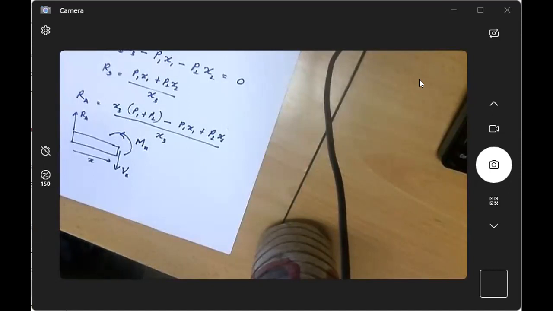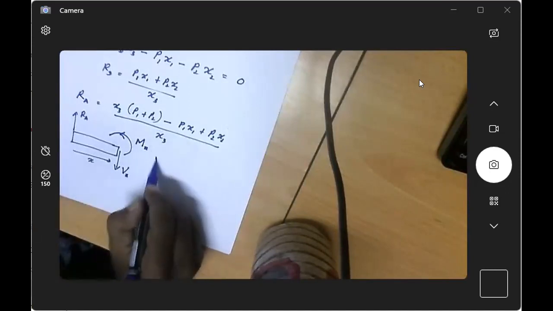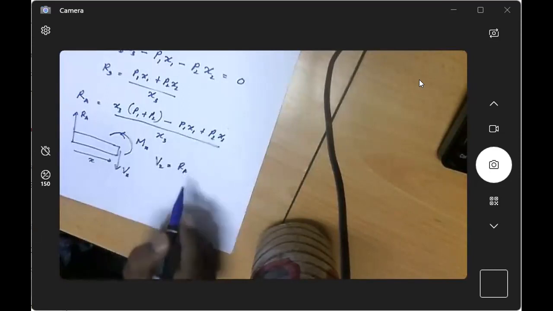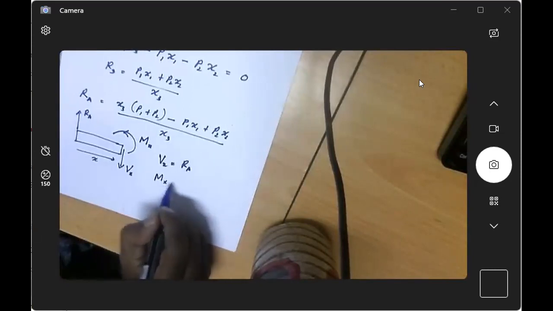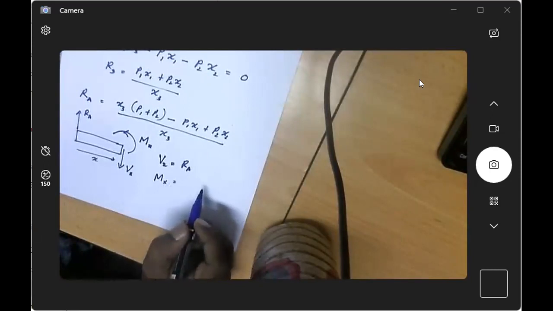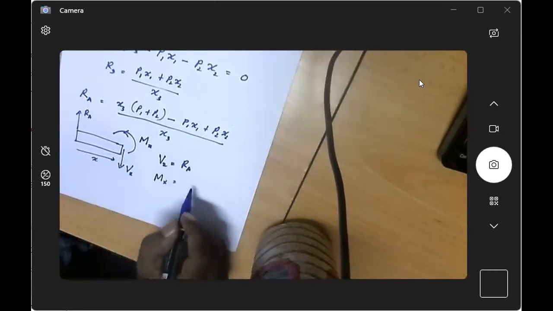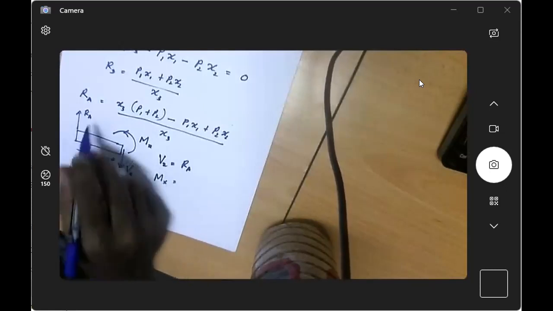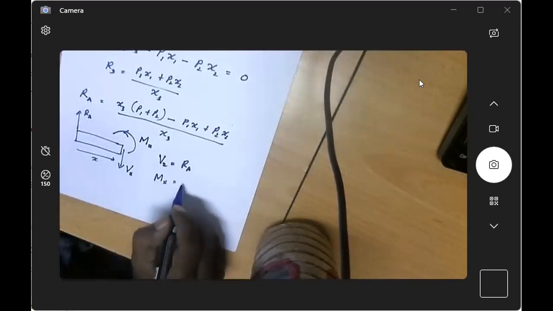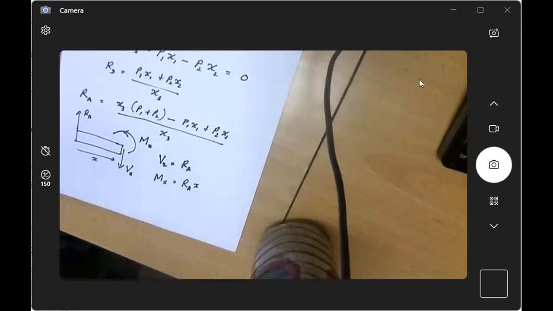When you apply the force balance, you will see that Vx is equal to RA, and Mx is how much? You can take moment around this point. Vx multiplication X, typically, but we take it from this point because RA is the known quantity, right? So RA into X. That is also correct, what you told, but take it at this point, which is the unknown.